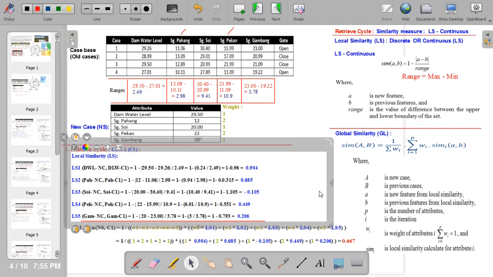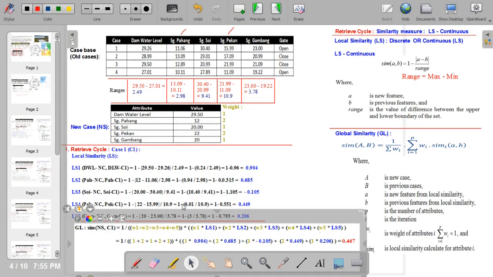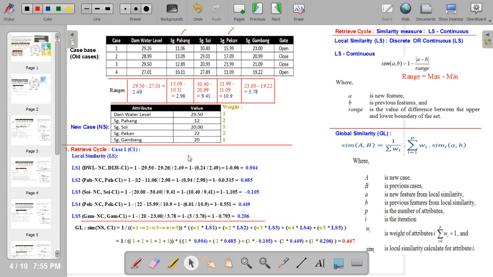So now we have calculated the local similarity and global similarity, and from that we know that this is the similarity degree between the new case and the old case C1, right? So now we have to repeat the calculation of local similarity and global similarity between the new case and the other old cases. I'm not going to do that; you are going to do that by repeating the same process.